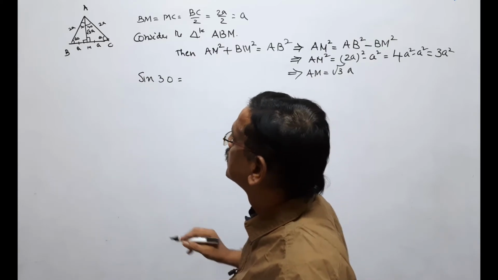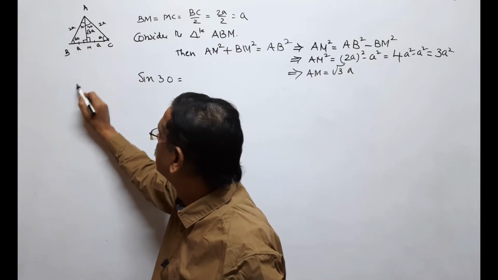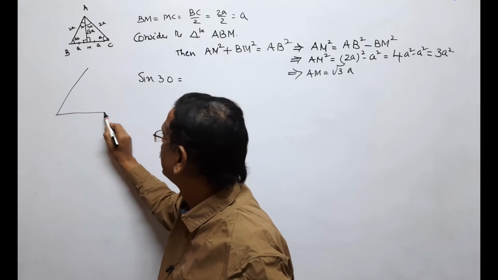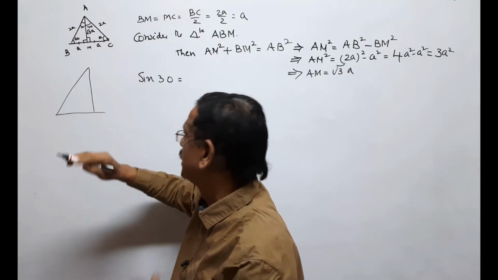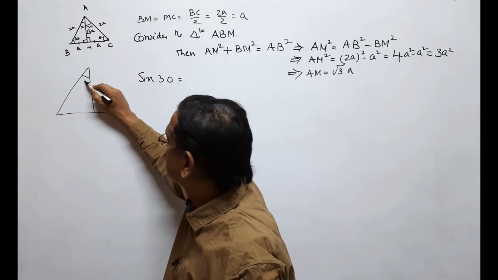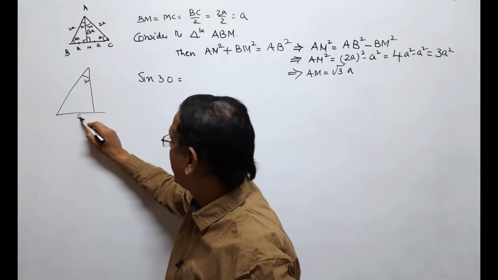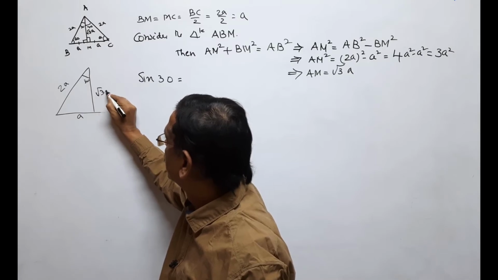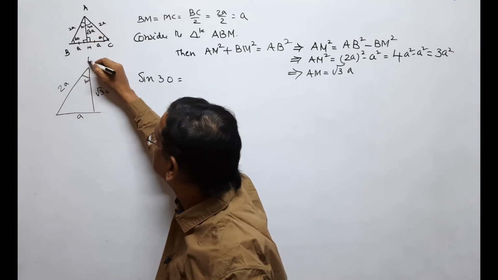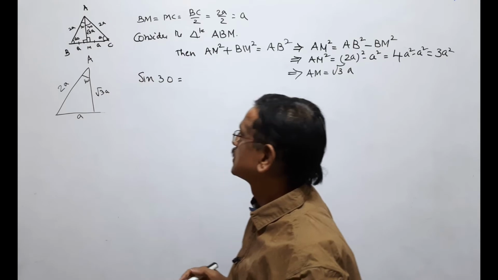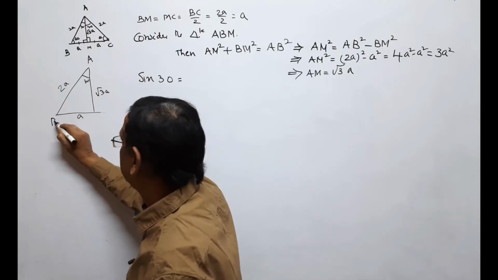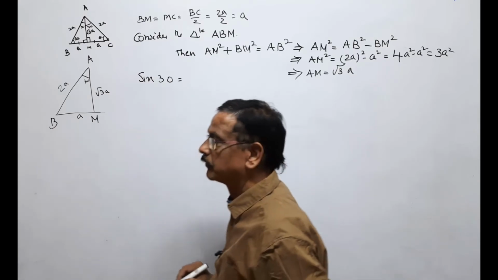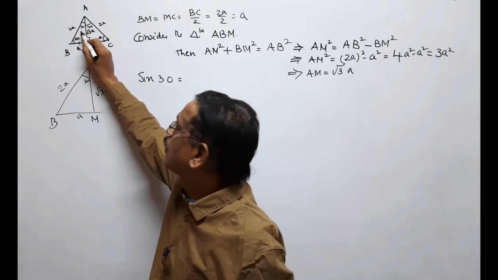Look at this triangle, and now I will blow it up. That means I want to write down the bigger part. This is 30. This is A. This is 2A. This is root 3A. I'm just breaking down the triangle ABM, the smaller one.